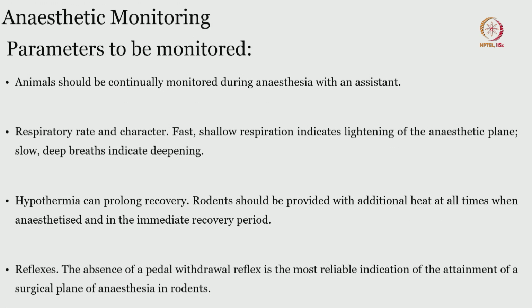So, as I said, animals should be continuously monitored during the anesthesia with an assistant dedicated to the monitoring. It is not that the operating lab person is going to do everything. It is better you have help to assist with the vital monitoring.